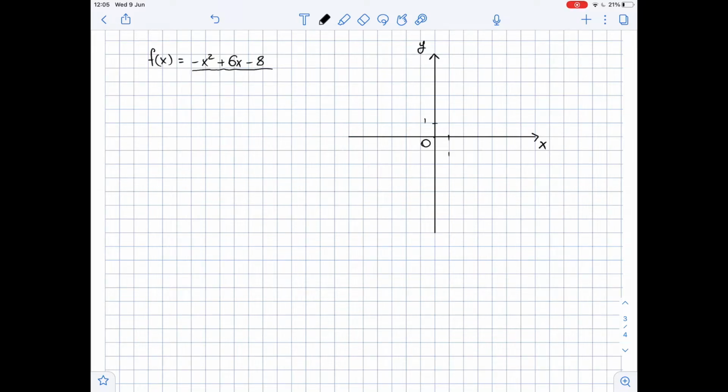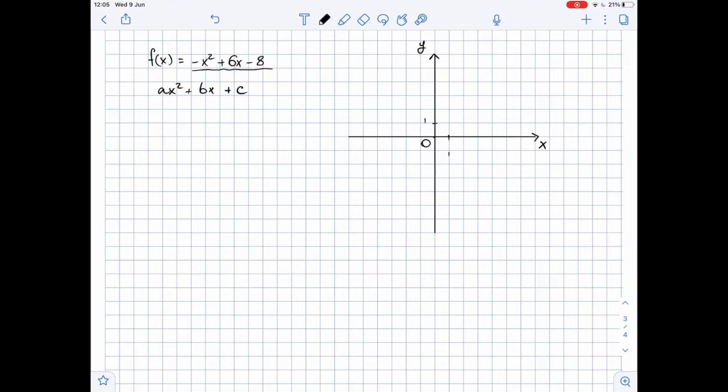So first of all, we know that if we write down our quadratic function in its standard form, which is a times x squared plus bx plus c, and if a is negative, so if a is smaller than 0, that means that our parabola opens down.